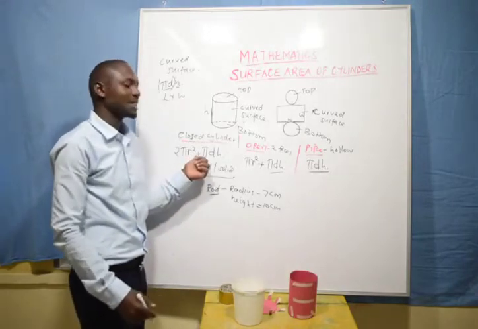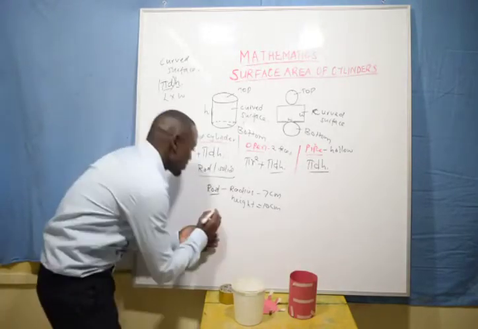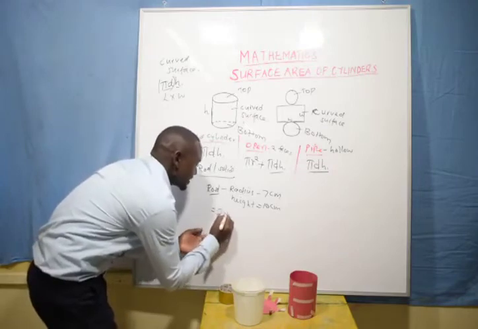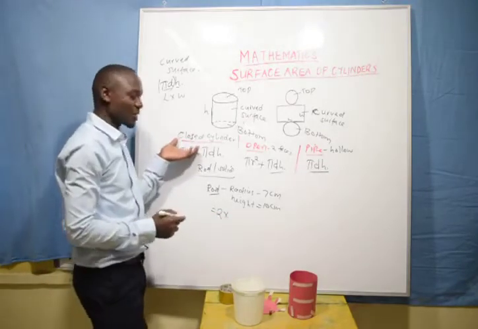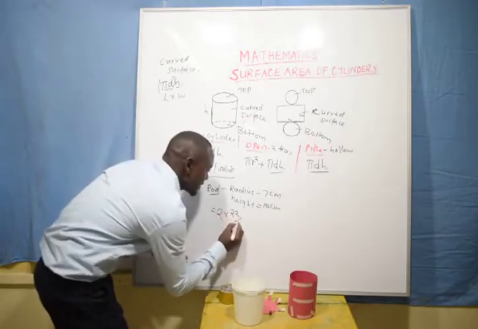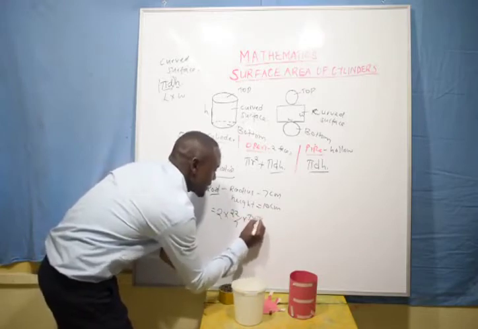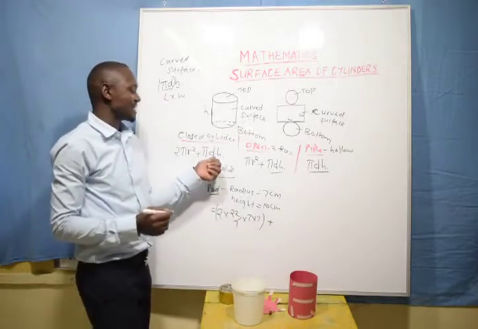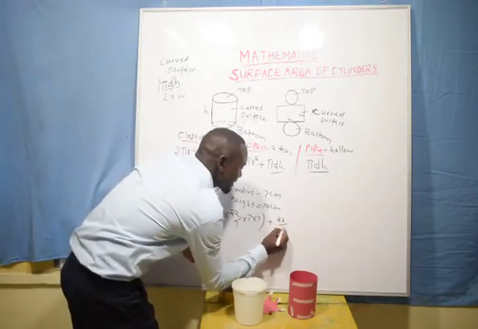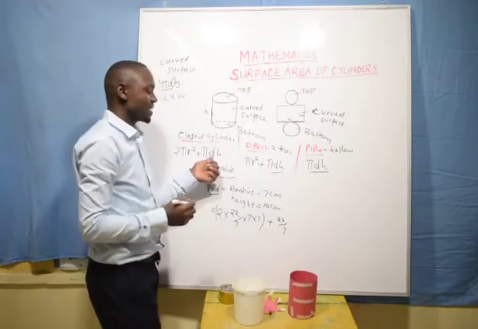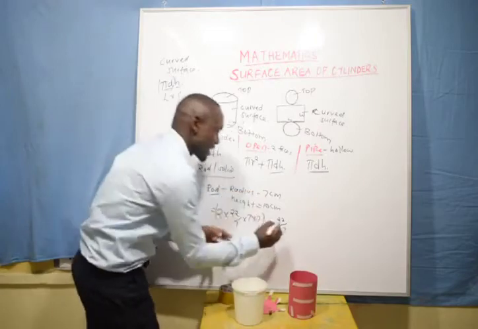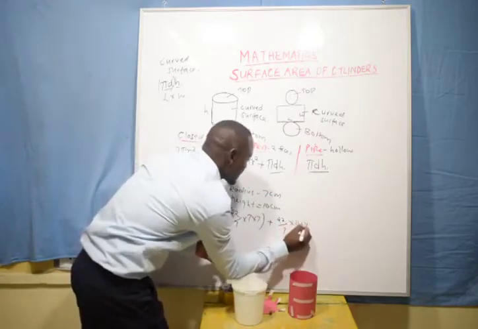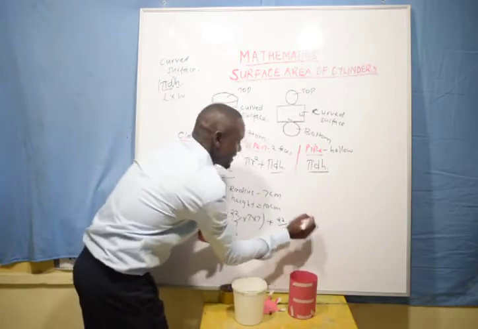So we have 2 times the area of the circular part, that is 22/7 times 7 times 7, plus the area of the curved surface, that is 22/7 times the diameter, which is radius times 2, so 14, times a height of 10.